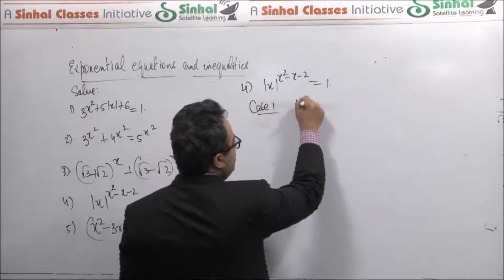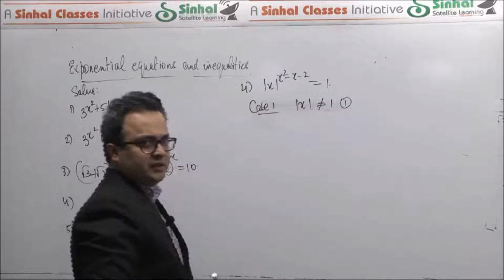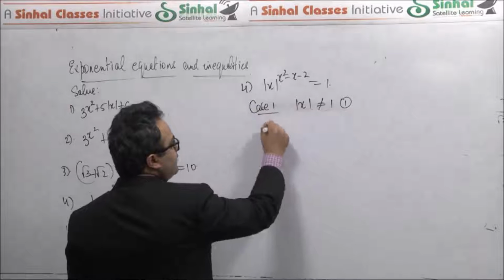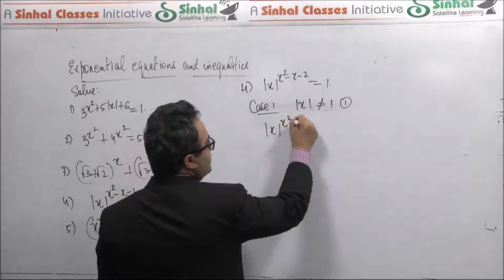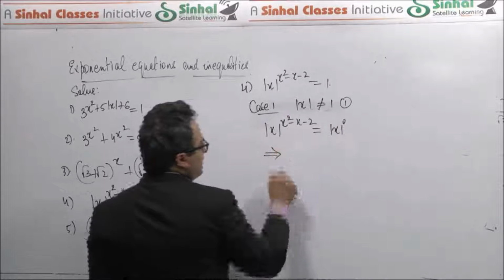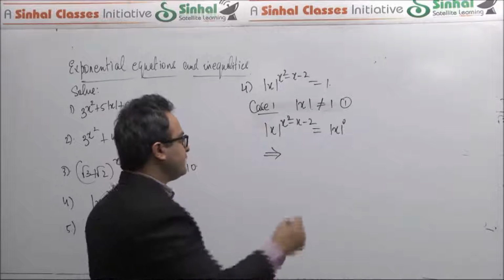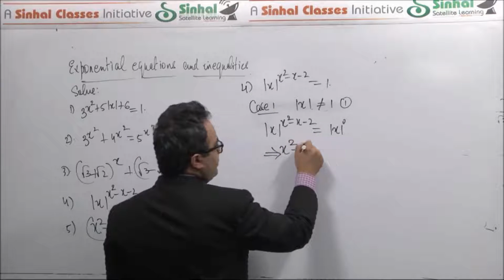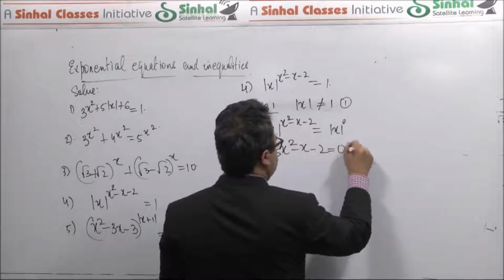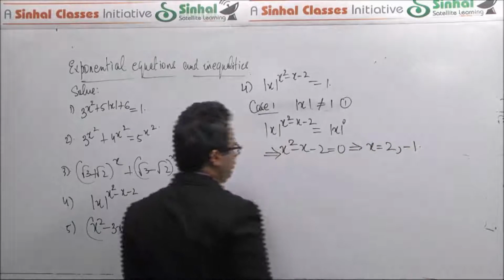The first case is that mod of x itself is not equal to 1. If mod of x is not equal to 1, then the equation can be rewritten in this way. And now since the base is not equal to 1, and the base is the same, I can say that the exponents must also be the same, which gives me my roots as 2 and minus 1.